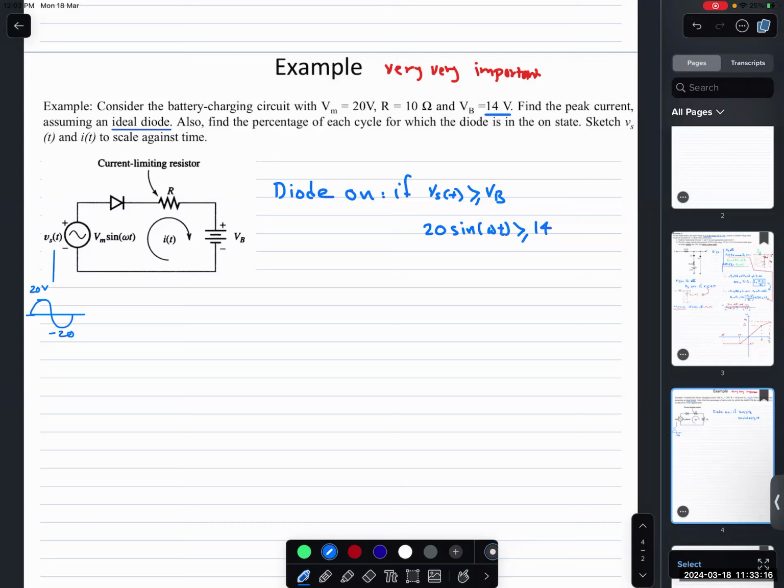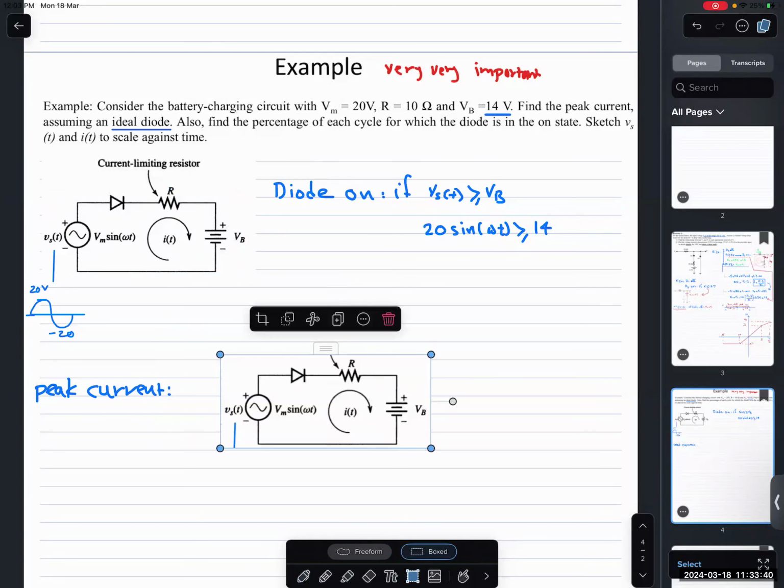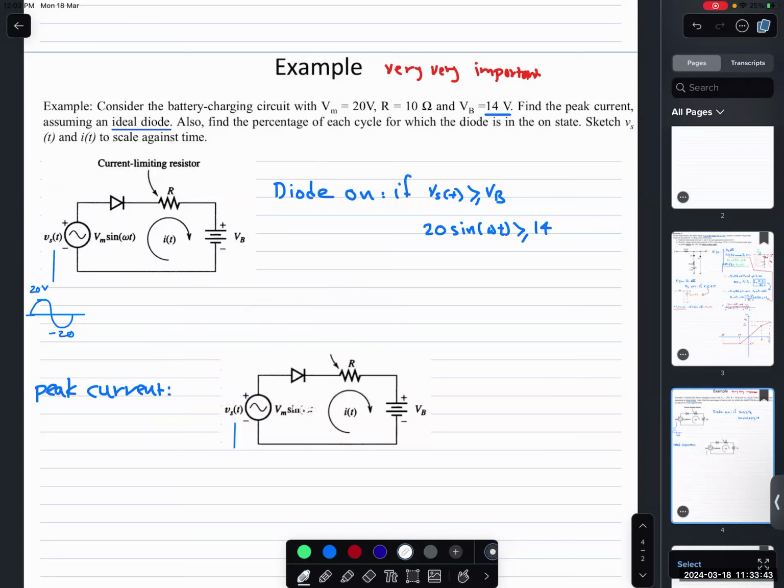The peak current occurs when the AC source voltage is at the maximum, which is 20 volts, and the diode is on.